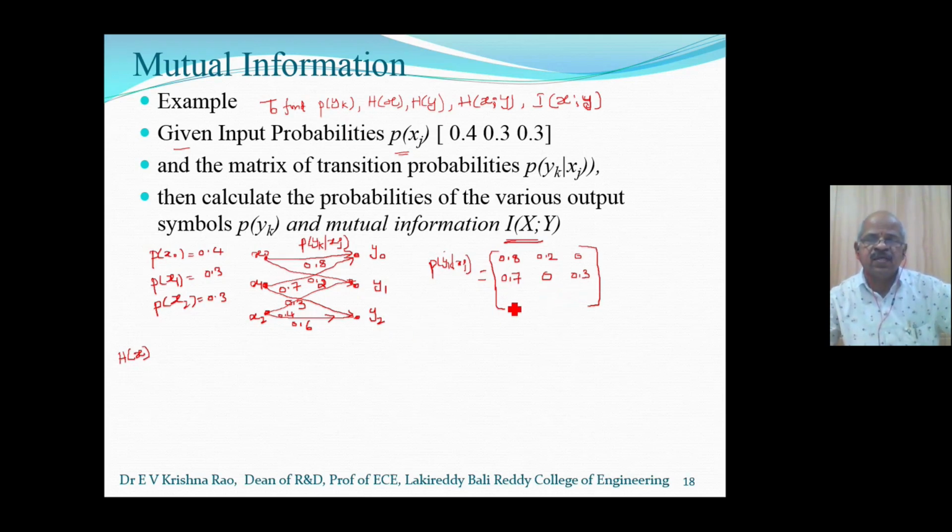Third row: probability of y0 from x2 is 0, nothing is there. y1 from x2 is 0.4, and y2 from x2 is 0.6.